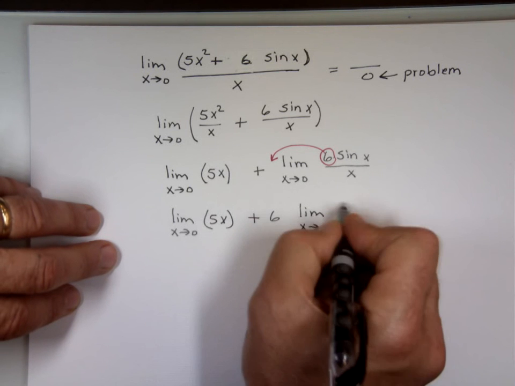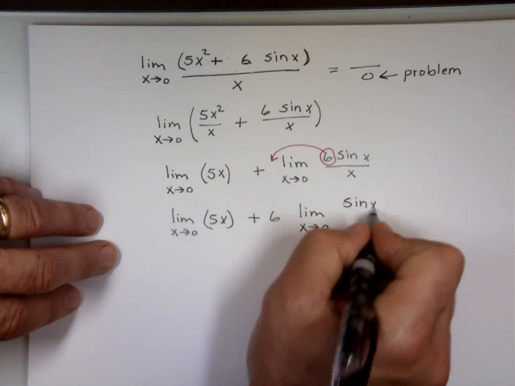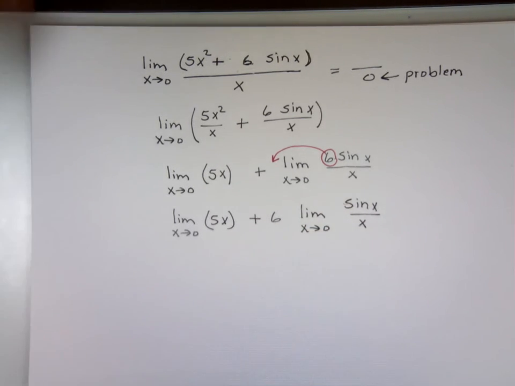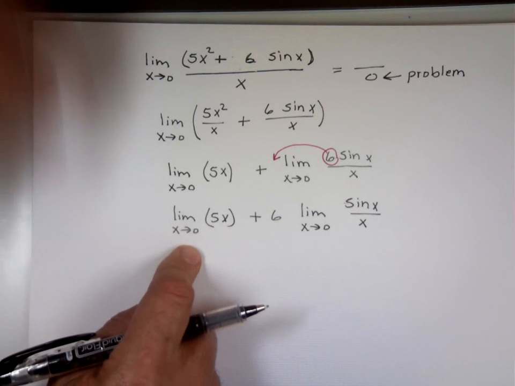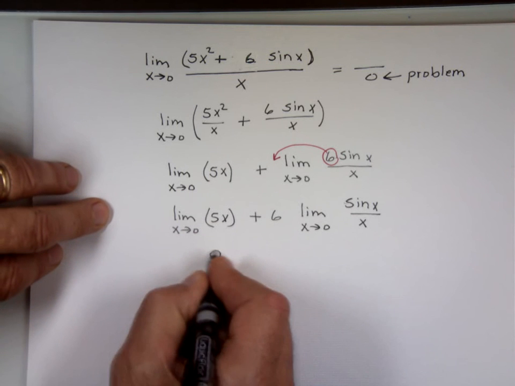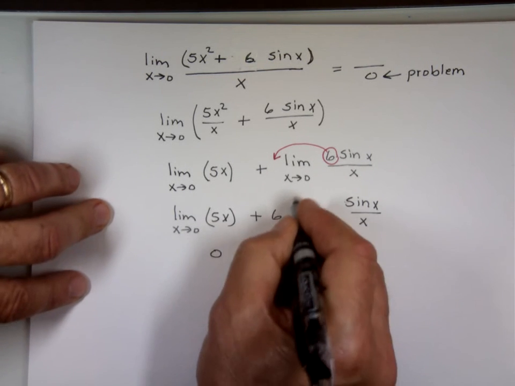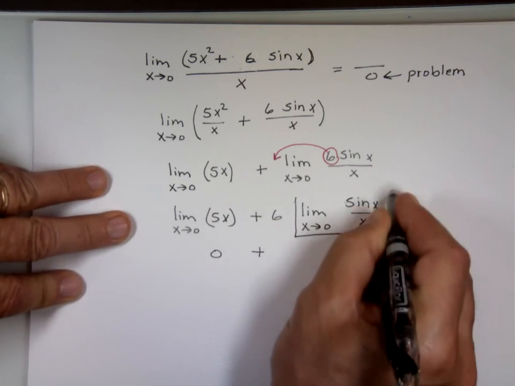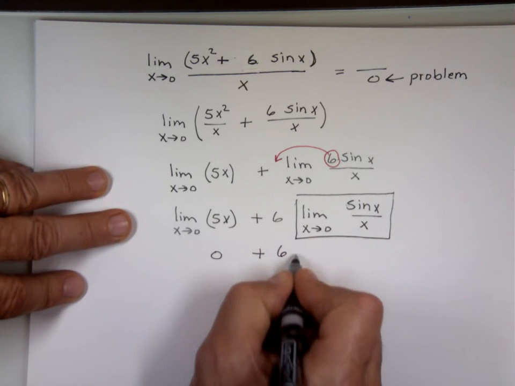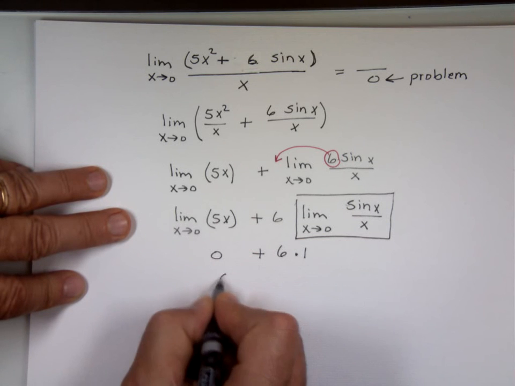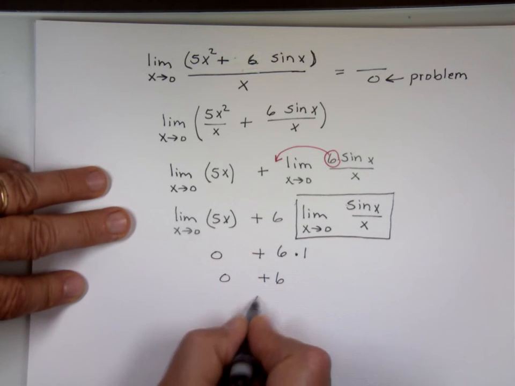Now let's try and solve it. Direct substitution here: 5 times 0, that's 0. This is a special case. We know the answer to this. You can't do direct substitution. That's a special case, that's a 1. 6 times 1 is 6. So 0 plus 6, the answer is what? 6. So that's a place where maybe you want to break it down.